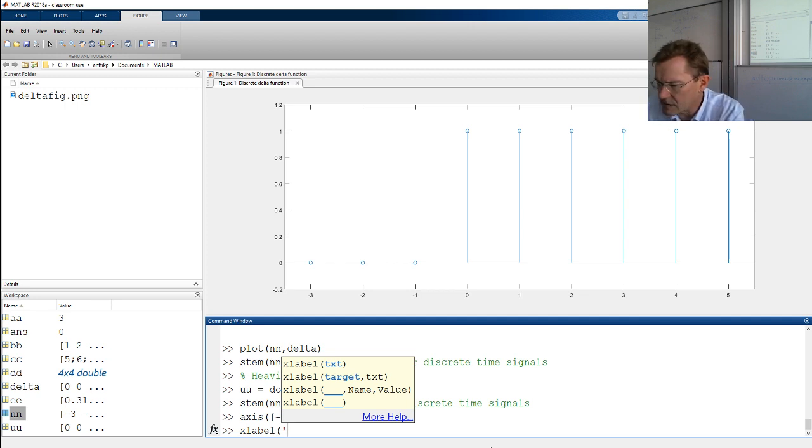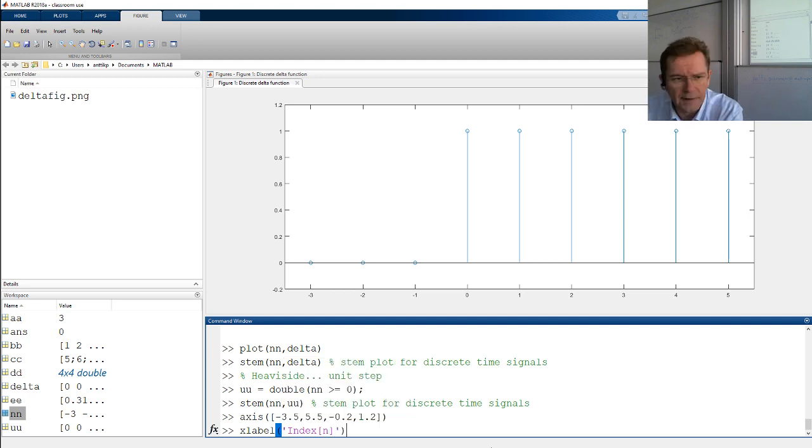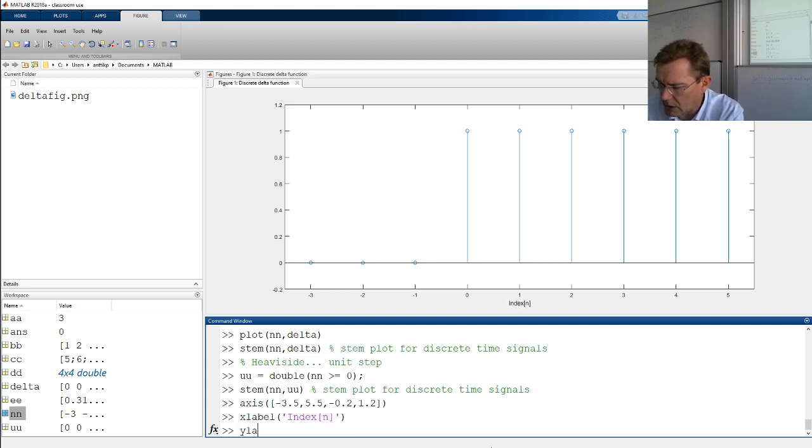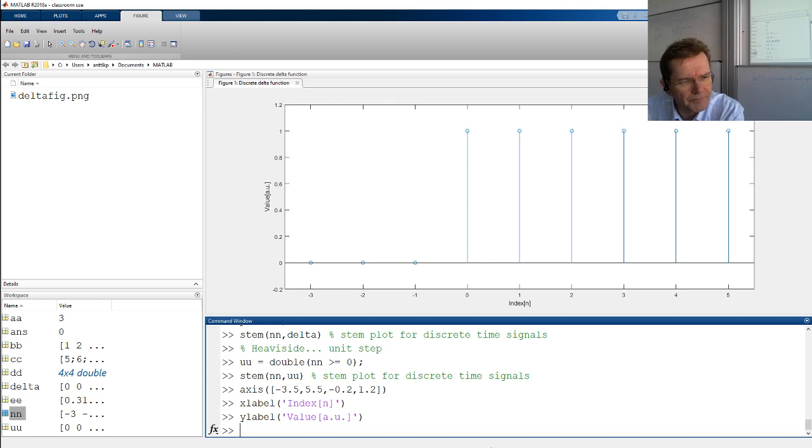And then the text index n like that, and ylabel, same thing, value a.u., and then title.